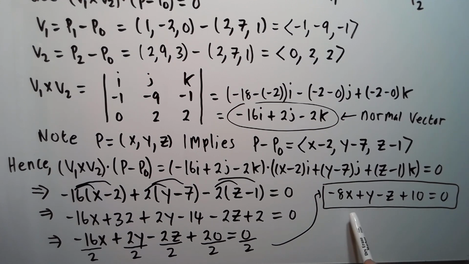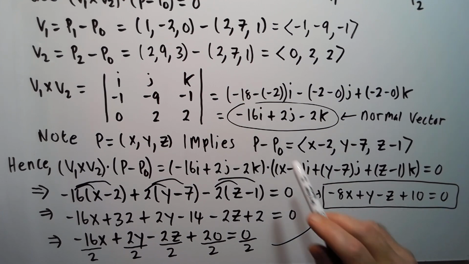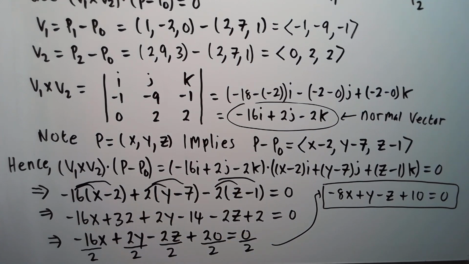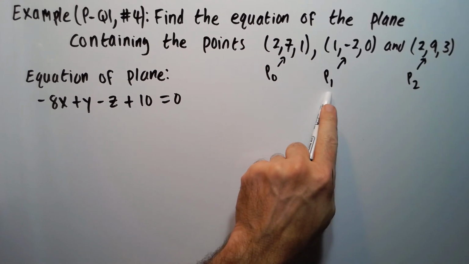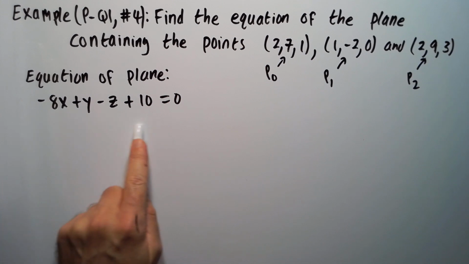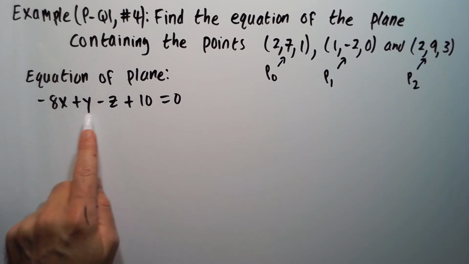To check whether we got it right or not, the 3 original points should satisfy this equation. So let's check that. I'm going to erase some things now and check that. Here's the equation of our plane that we're claiming is the plane. These 3 points, P0, P1, and P2, should lie in this plane, so they should make this equation true.